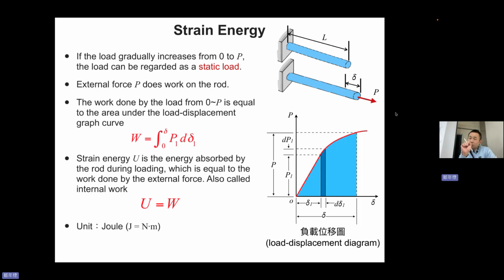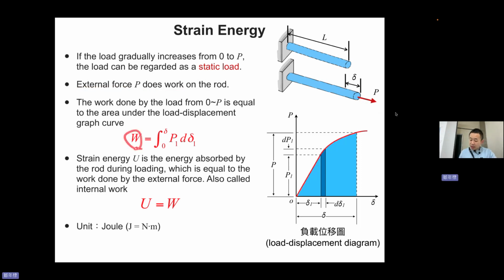But if you do that really slowly, each step you can regard as an equilibrium state. Okay, it's the static load. We call that static load. It will be stable and easy for us to calculate. Okay, static load, 静态的负载.